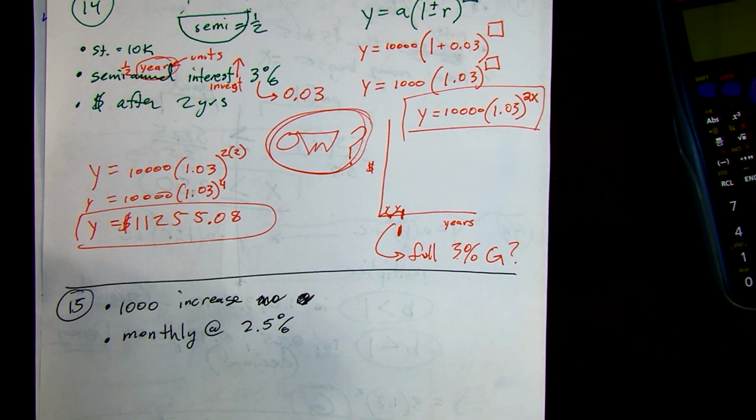Okay. So this one is going to have a more straightforward exponent that we're going to find because it is increasing monthly. So after 1 month, yeah, you got your increase exactly. Okay, it's increasing monthly. All right, I'm going to graph that equation. Let's see.